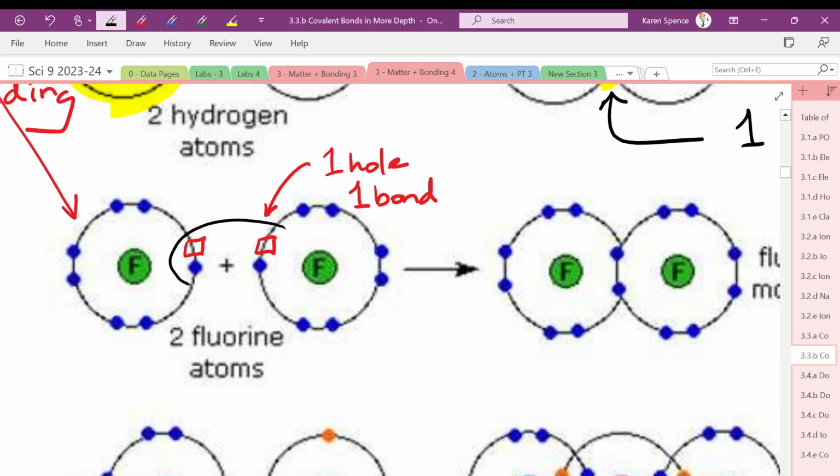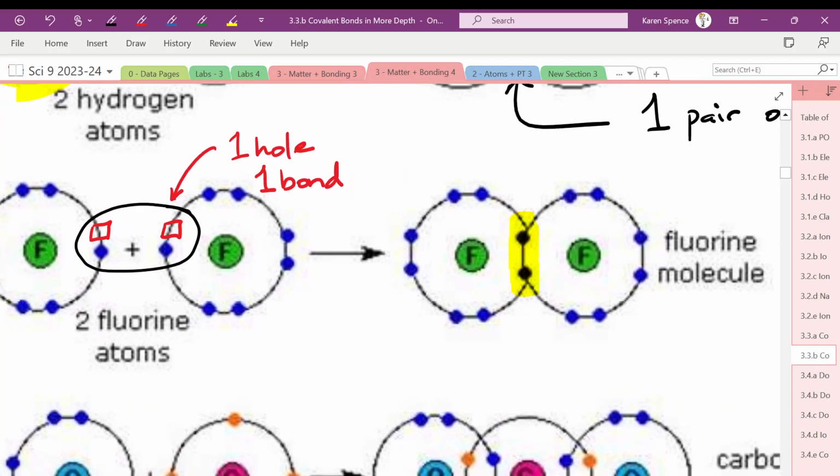So these guys now overlap with one another. We have 1 pair of electrons. How many bonds is 1 pair? That is 1 bond.